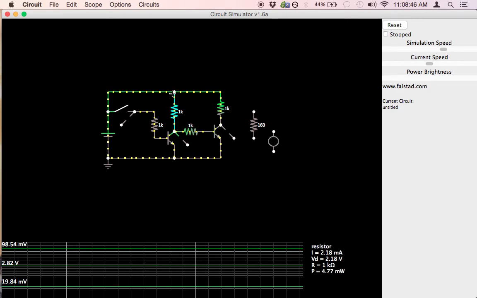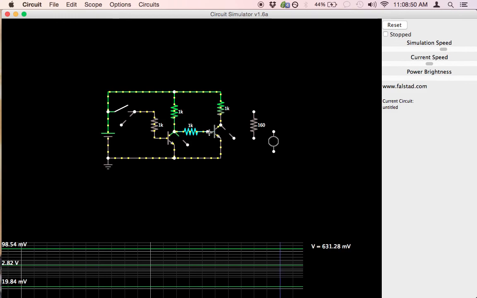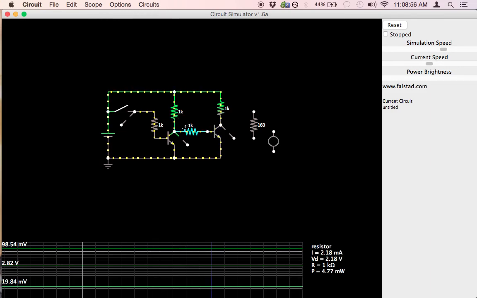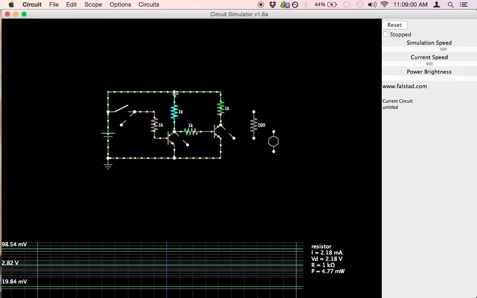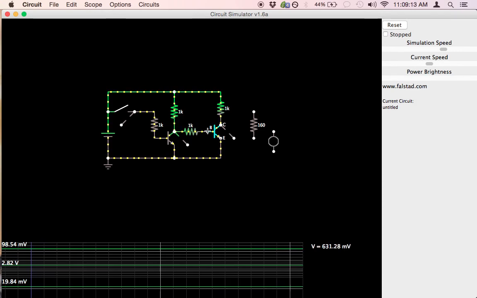Current flows in through this resistor, and then through this resistor, and then into the transistor, out the emitter, back to ground. Whenever you have two resistors in series, the voltage in the midpoint is going to be somewhere between this voltage and this voltage. So up here, let's look at this wire, we have 5 volts, and then down here we have 0 volts. And at the base it's a little bit higher actually.